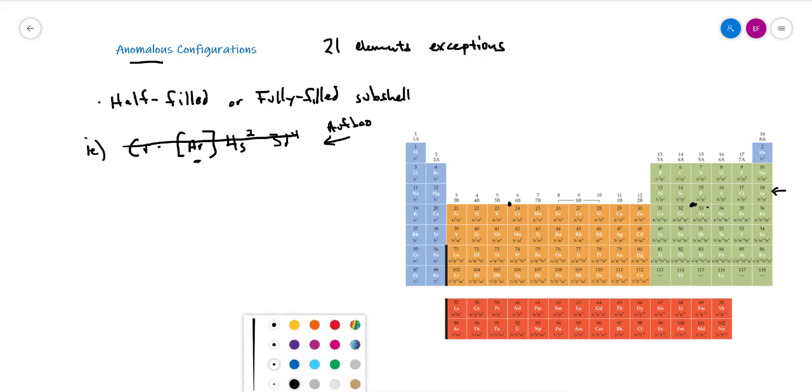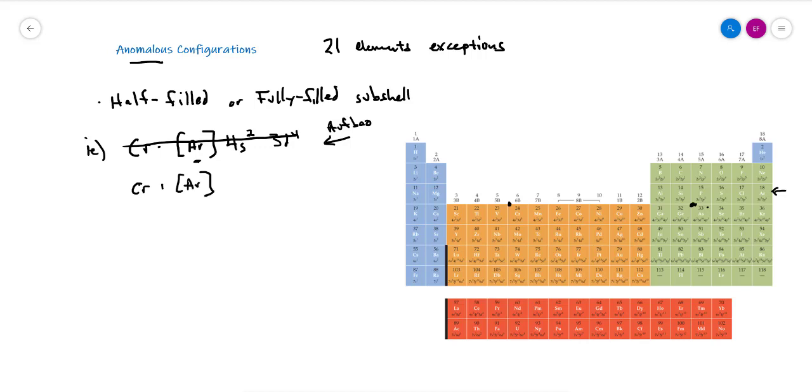So in fact, what we have is chromium, argon, but what you can see is chromium is almost to the halfway point in the D shell. So D has 10 electron spaces right in here. There are 10 spots here, and we were at 3d4 in the Aufbau version.